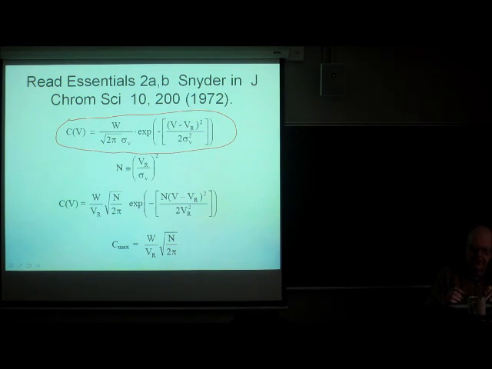We're also going to look at things in terms of the number of tubes or plates on the column, and according to the plate model, N is the square of the ratio of the retention volume to the standard deviation of the peak in the same units, therefore in volume units.